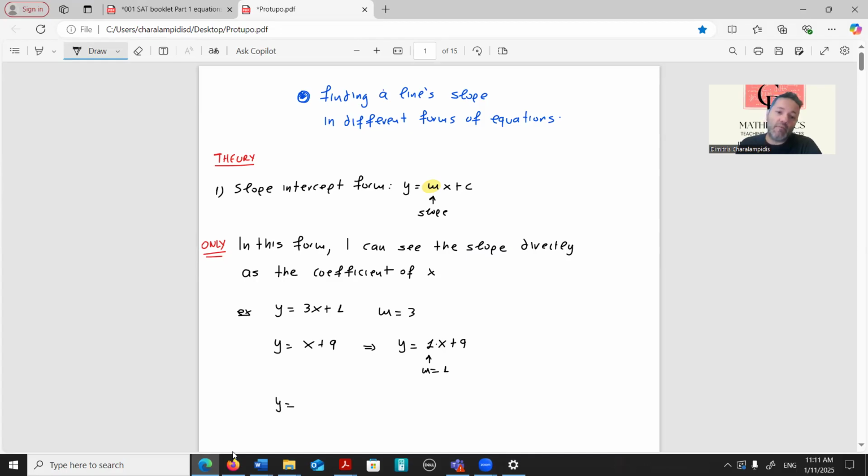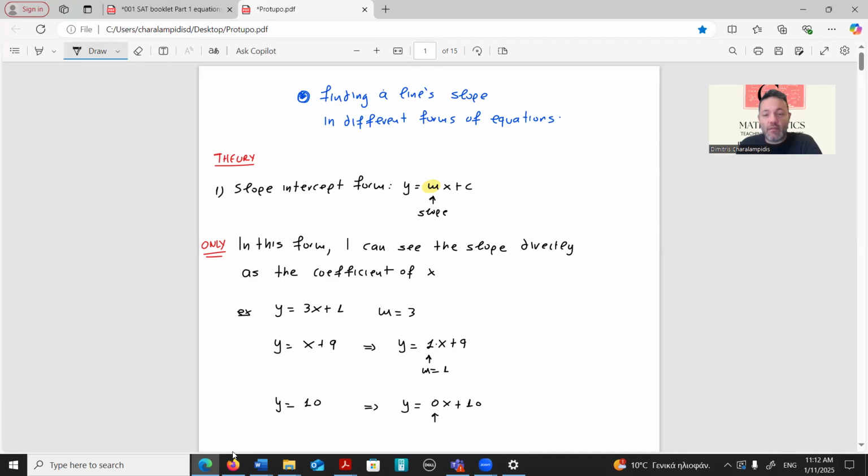Similarly, if we have y equals 10, now someone might say, there's no x. How can I determine the coefficient of x when I cannot see any x? Again, they would be wrong. In this case, we could assume that it's the same as 0x plus 10.